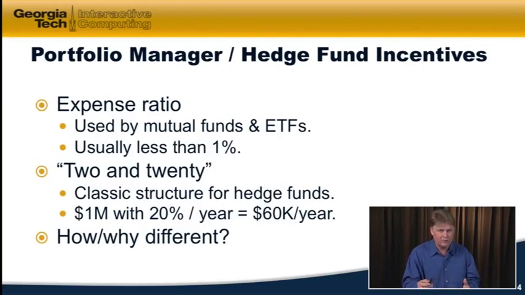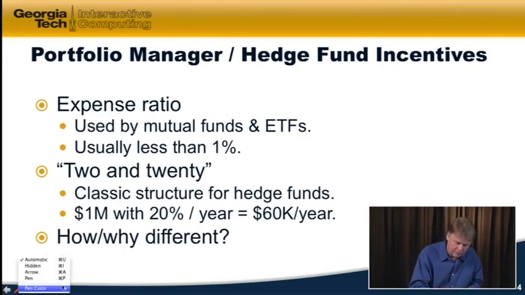Now that has to cover all the expenses of running the fund, and sometimes running funds is quite expensive. The standard hedge fund compensation is what's called 2 and 20. So it's 2% of the total assets under management plus 20% of profits. Now, there's a big difference between these two examples.